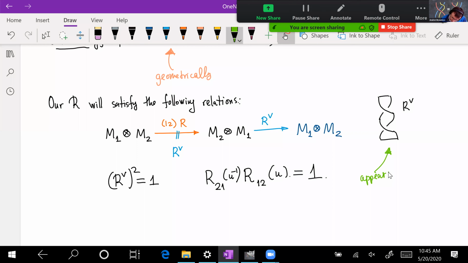This parameter u is called the spectral parameter. When you talk about knot invariants and things like this, you work with constant R matrices, not R matrices that depend on a spectral parameter, and they're obtained from the R matrix by plugging the parameter equal to 0 or equal to infinity, things like this.